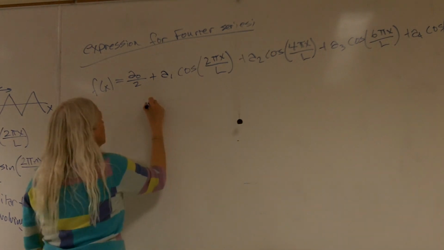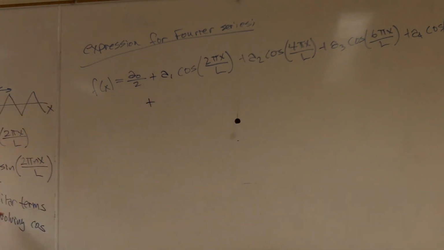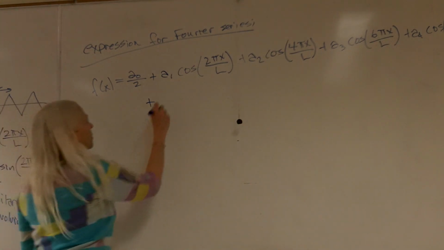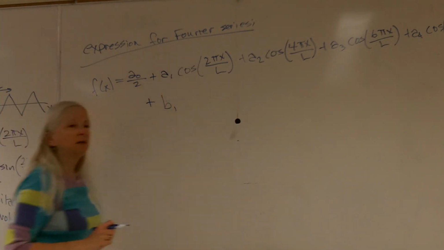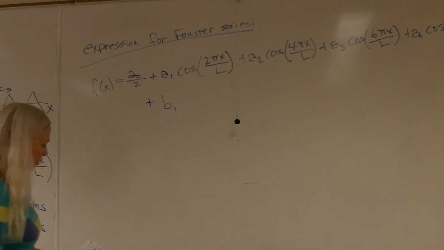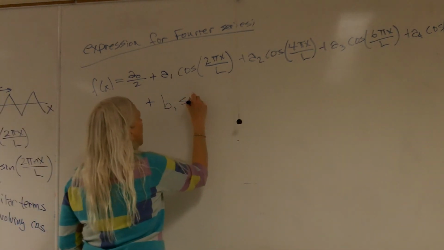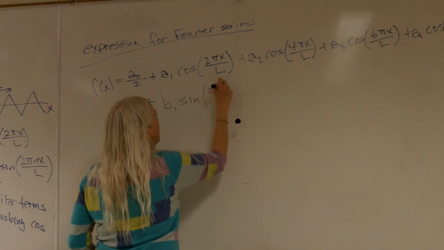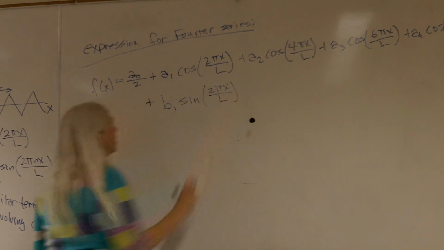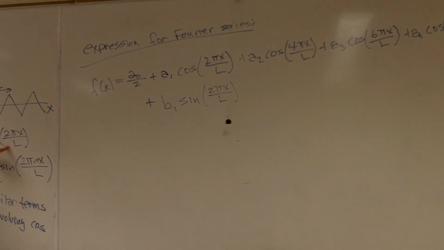And there could also be some sine terms. I said there could be both cosine and sine terms. I'm going to call the coefficients of the sine terms b's instead of a's. So b1 times the sine of 2 pi x over L. That again looks like this term here, I've just put a coefficient out in front.